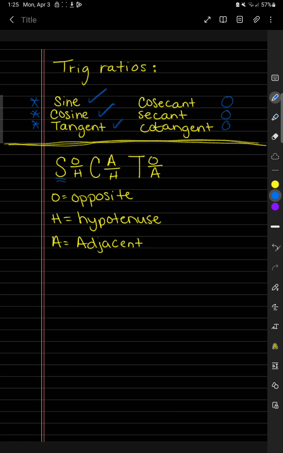So if we flip the order of OH, for cosecant it's HO, so this one would be H over O. Cosine is A over H, so secant would be H over A. And tangent is opposite over adjacent, so cotangent would be adjacent over opposite. So they're the exact opposite. I'll write them down again in a second, but I just want to point that out.